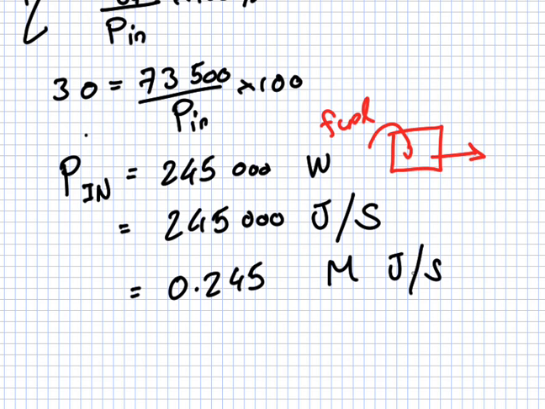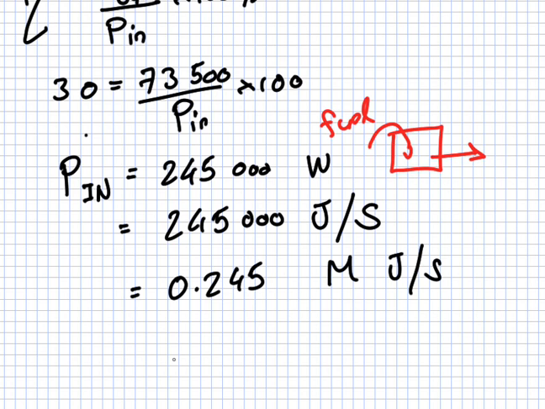How many megajoules in 1 litre? It says it's 32. So think about this. If the car was like a really big truck or something, if the car needed 32 megajoules per second, then how many litres would it need per second? 1. If the car was doing 64 megajoules per second, it would need 2 litres.